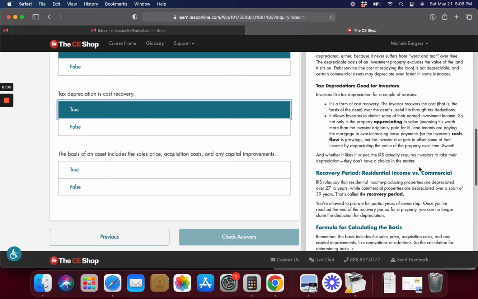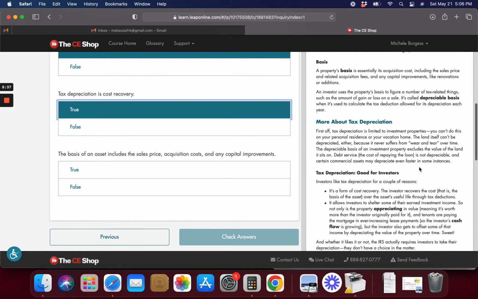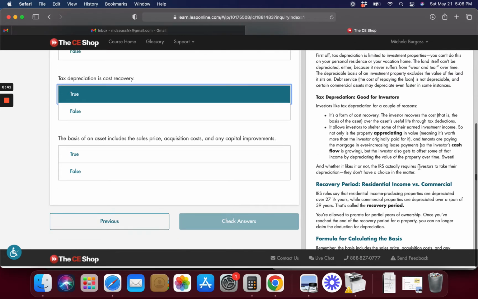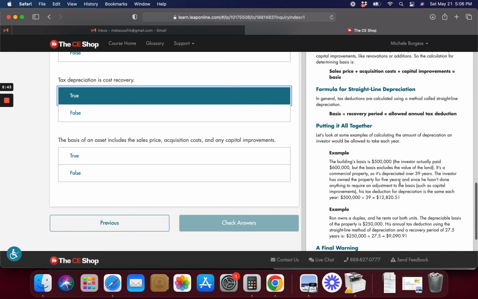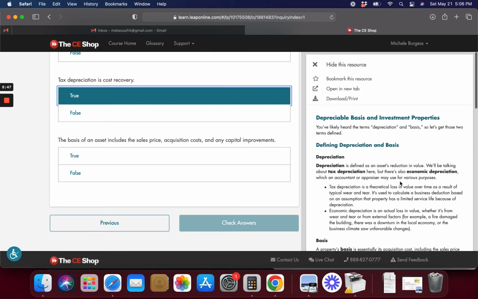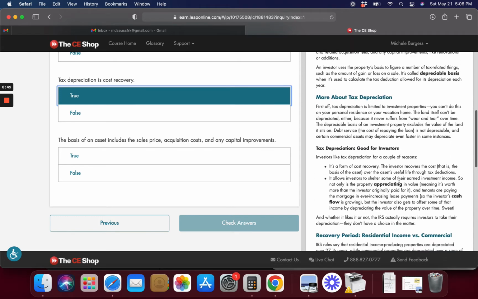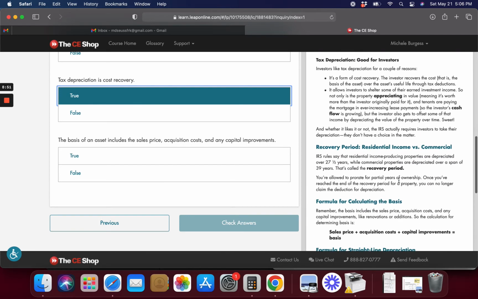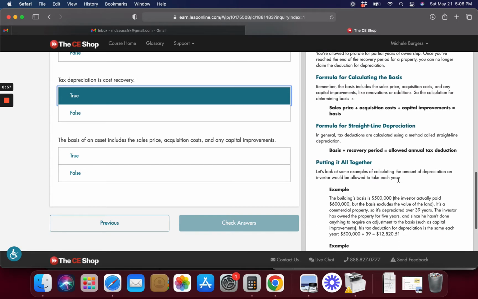Any capital improvements? Capital improvements. I don't see anything.